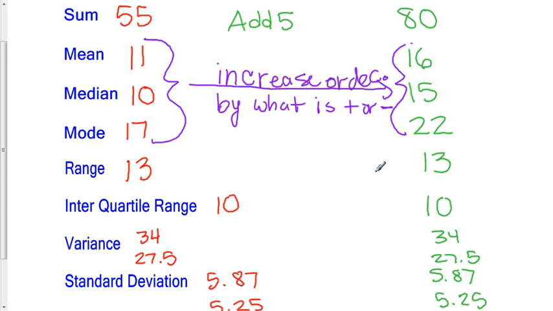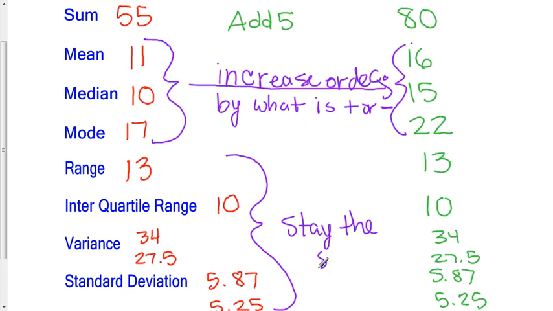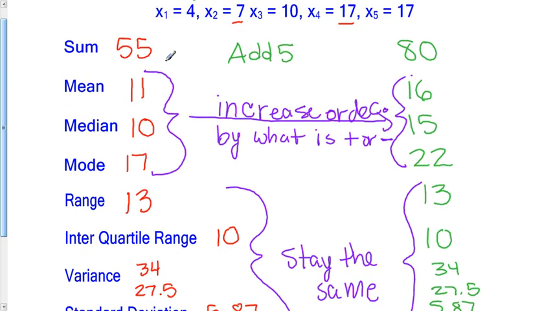The range, the interquartile range, the variance, and the standard deviation, those all would stay the same. And the sum would increase by this number times the number of values, or decrease by it.